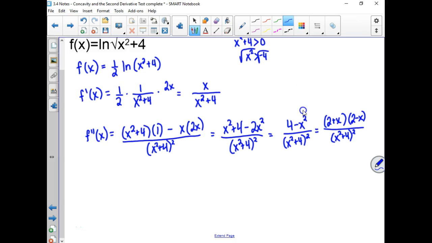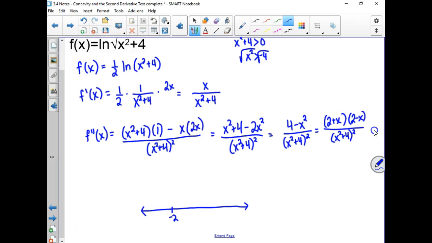Okay, so we want to set numerator and denominator equal to 0 to get our critical values for that second derivative. When we do that, in the numerator, what will we get? Negative 2 and 2. In the denominator, you'll end up getting an imaginary number, because x squared plus 4 is always positive, right? And then you just square it, and it makes it still always positive, right? So we do not get any critical values from the denominator here, but in the top we get x equals 2 and x equals negative 2.